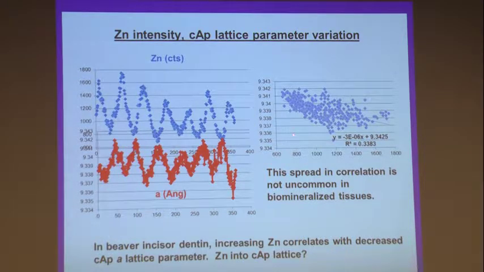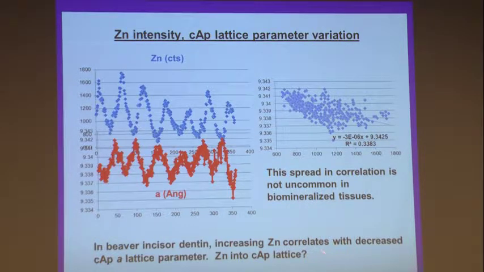If we do a scatter plot of the A versus fluorescence intensity, we see a more or less straight line. There's a lot of scatter around that, and that is very common in mineralized tissues to see that level of scatter. So in the incisor dentin, increasing zinc correlates with decreased carbonated apatite lattice parameter, the A lattice parameter.